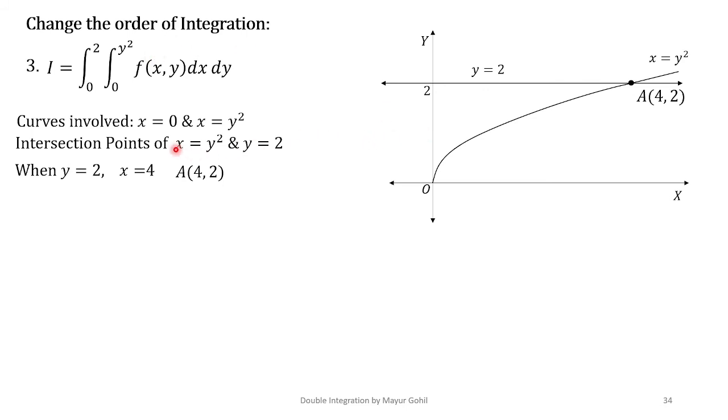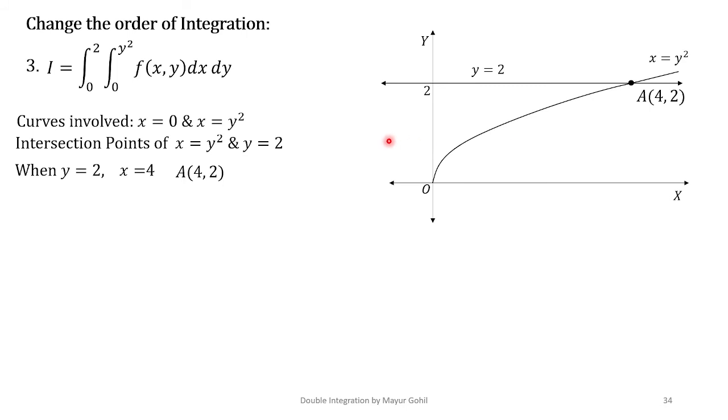Obviously here you can see that the projection is from 0 to 2. Okay, 0 to 2 on the y-axis is the projection, but observe the region given to you, the type of double integral is for a type 2 region. That means the horizontal line is to be passed across the region.